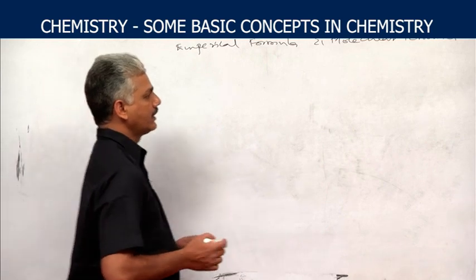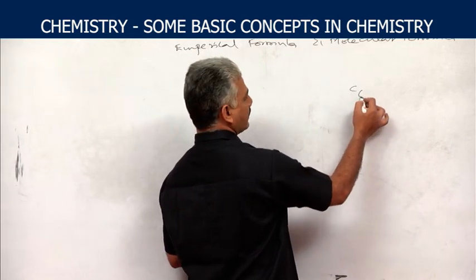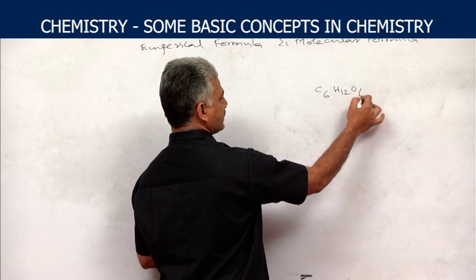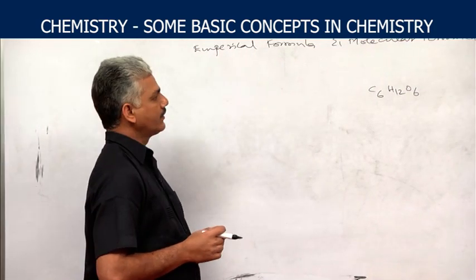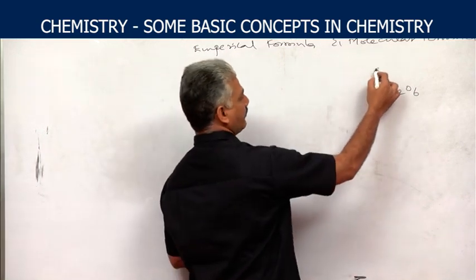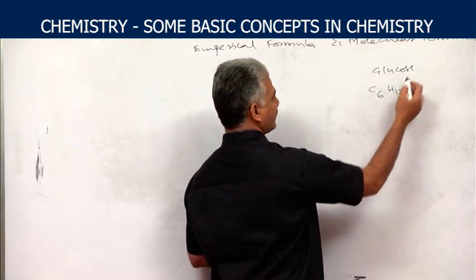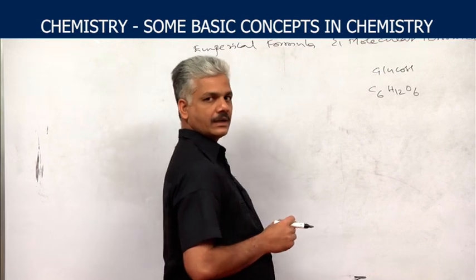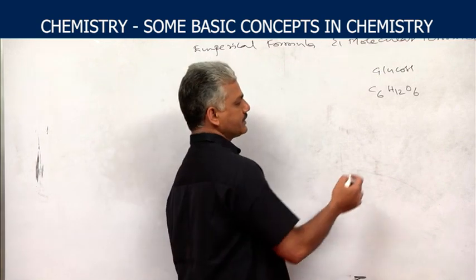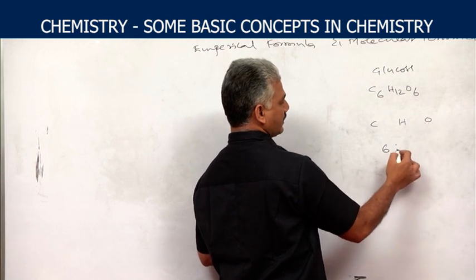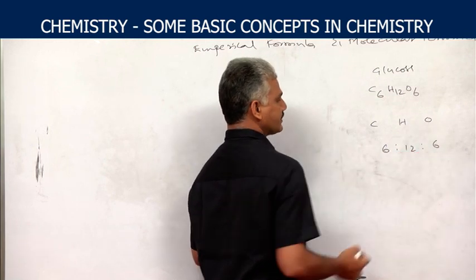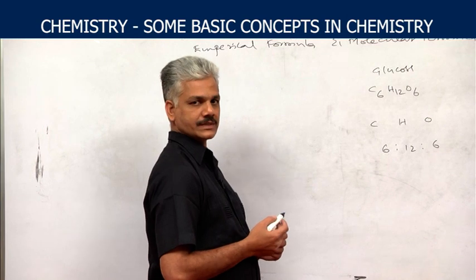Say for example, the molecular formula of glucose is represented as C6H12O6. For the same compound, empirical formula means we have to take the simplified atomic ratio. In glucose, carbon, hydrogen and oxygen atoms are present in the ratio 6:12:6.